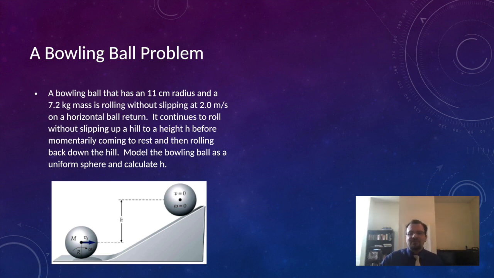So what we've got is an energy problem. Here we've got that gravitational potential energy is going to equal our translational kinetic energy plus that rotational kinetic energy. So let's go ahead and split that apart into all of its components.